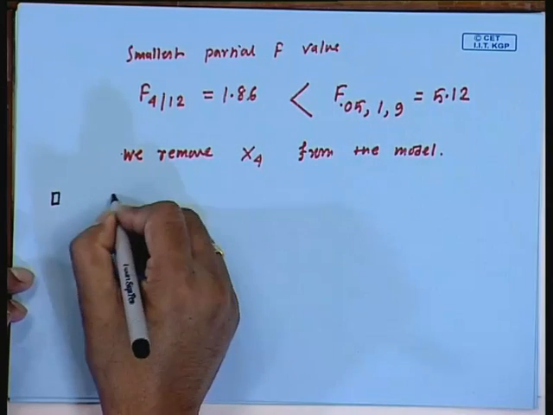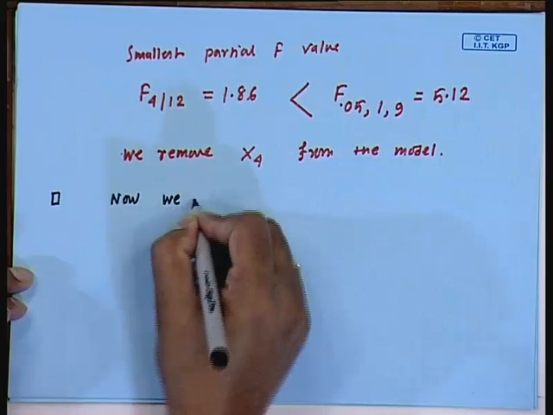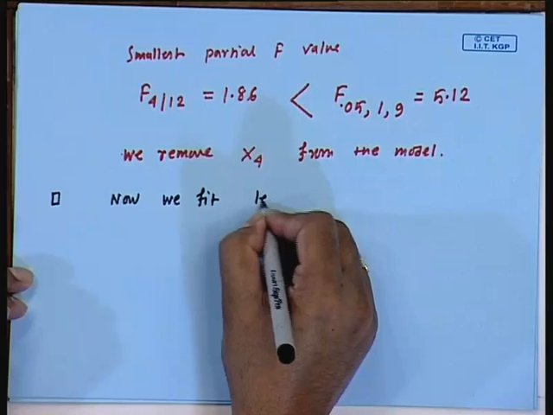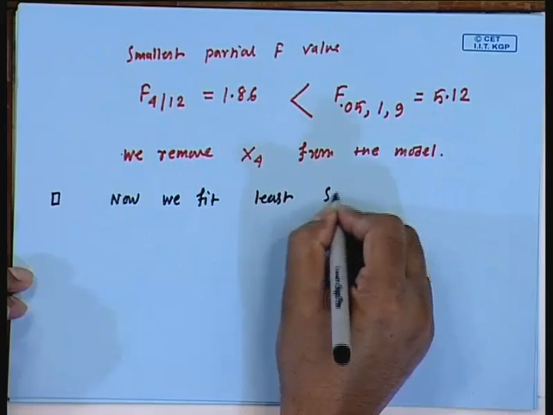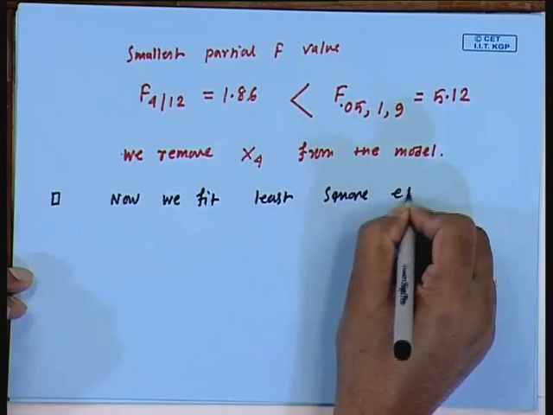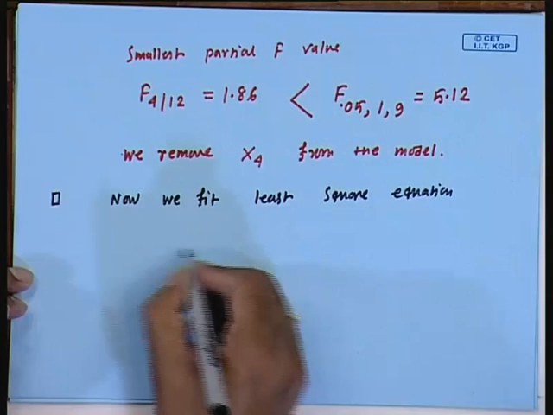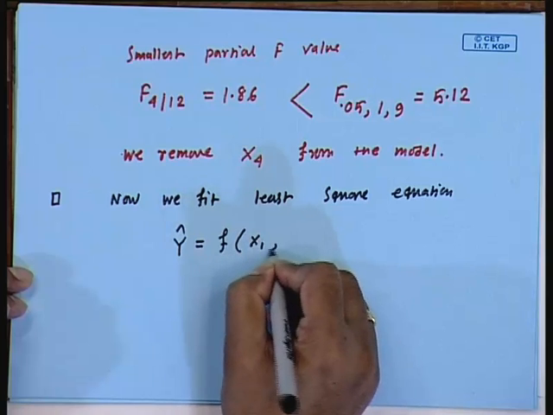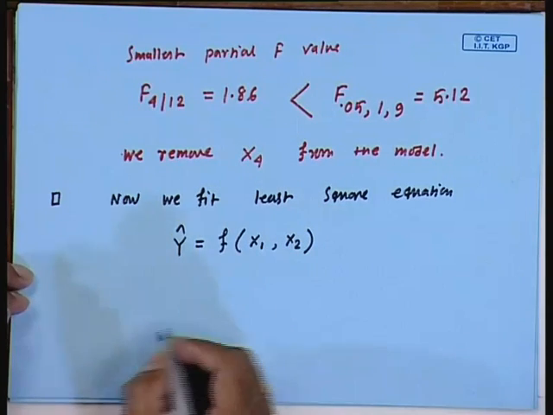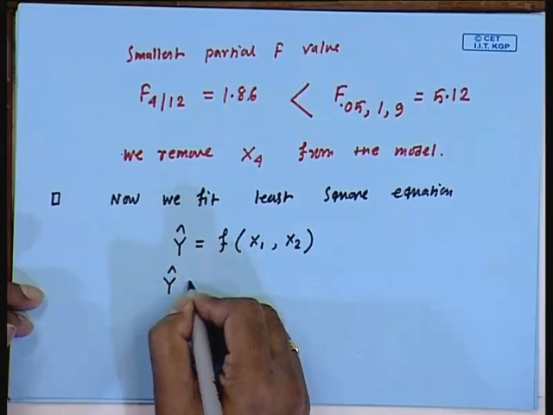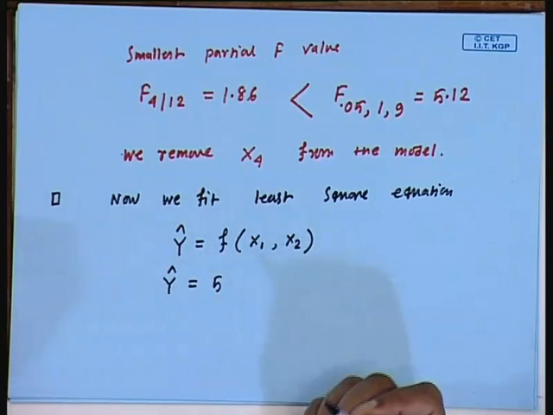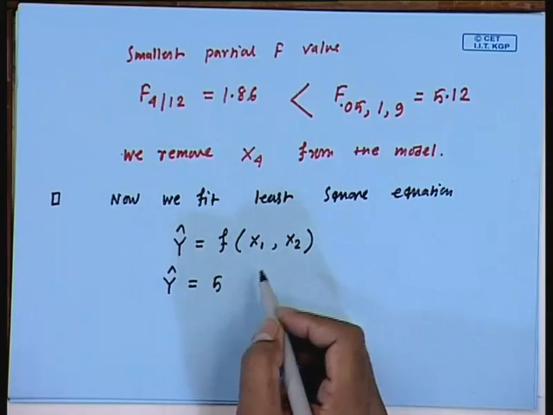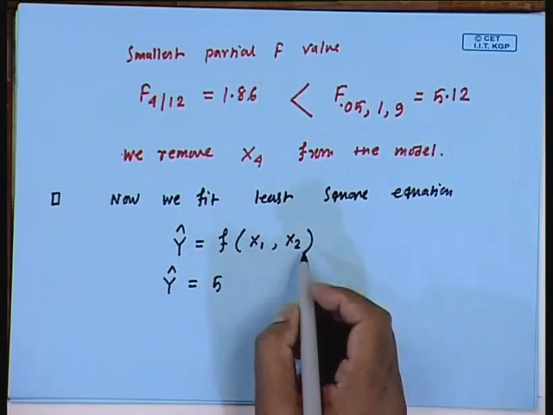So, we fit the least squares equation y hat as a function of x1 and x2, that is, a model involving x1 and x2 only.